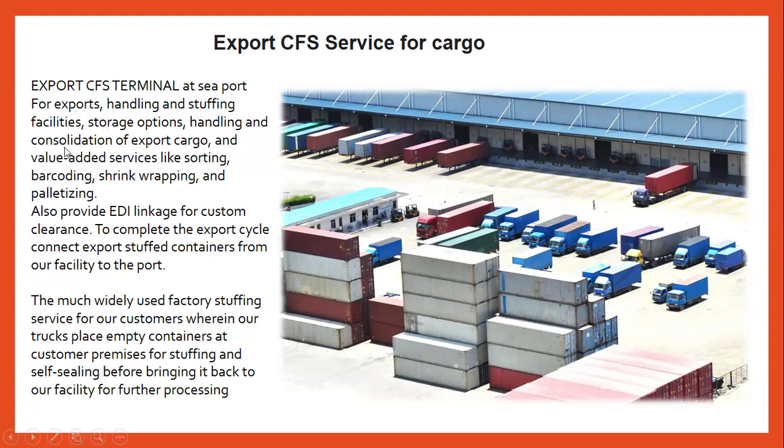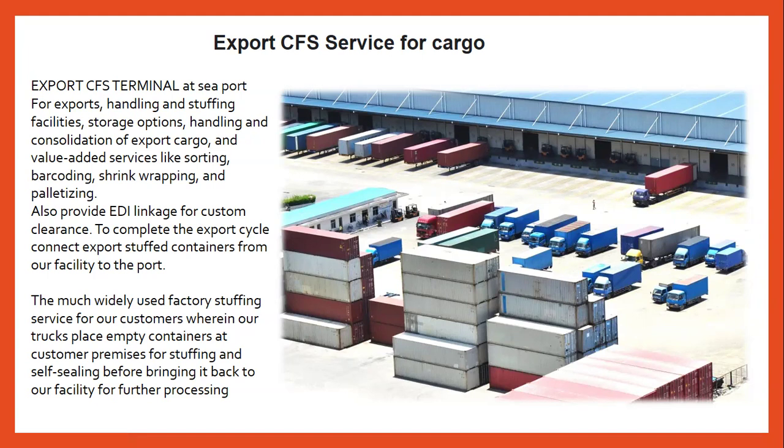Then handling of consolidation of the export cargo, for shipping line purposes. The CFS provides facilities for multiple LCL cargos, loose mode cargos, which are small boxes that can be stuffed in one container going to one destination, sent as small shipments by the exporters.